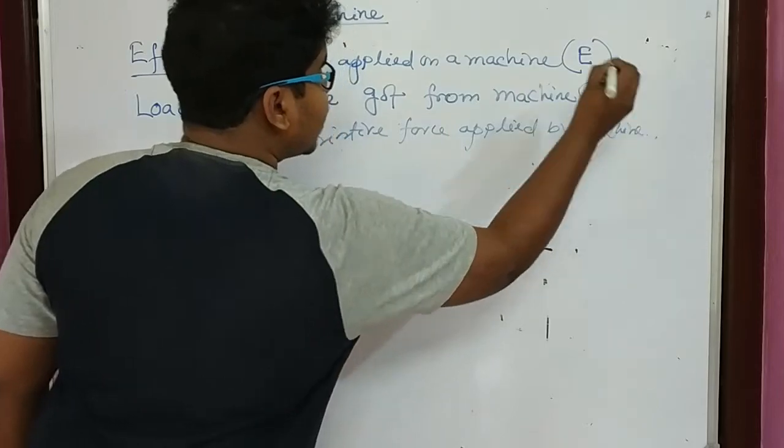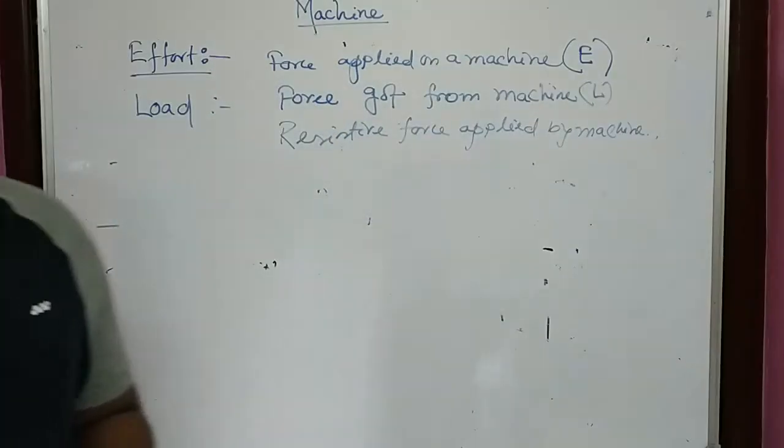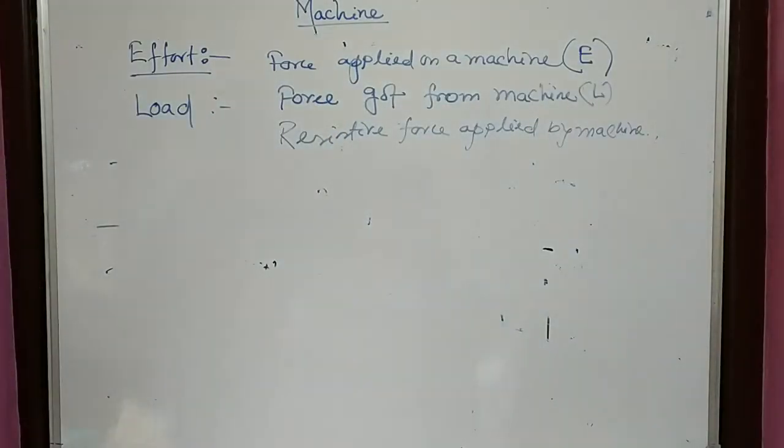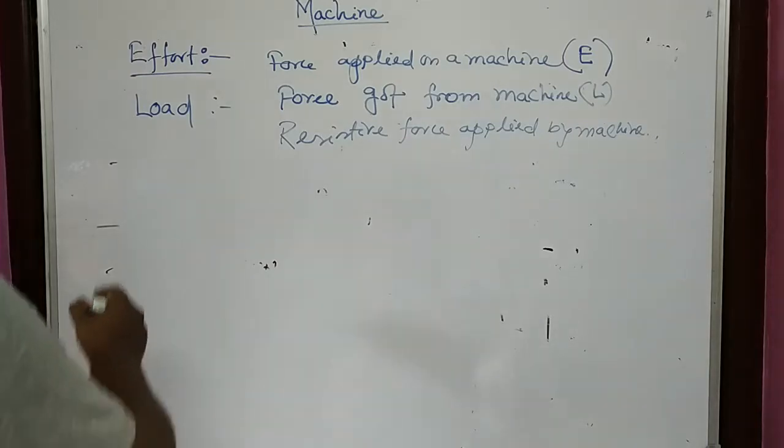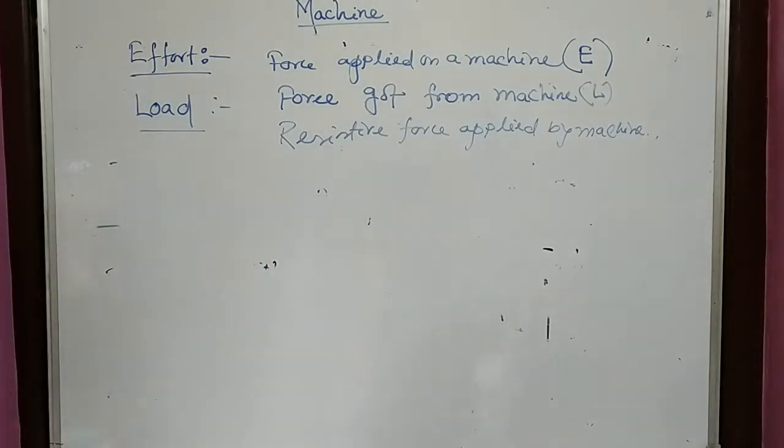So the simple thing is that the force you have applied on the machine is effort, and the resistive force you have to overcome by applying effort is known as load. Okay, which is denoted by capital L.